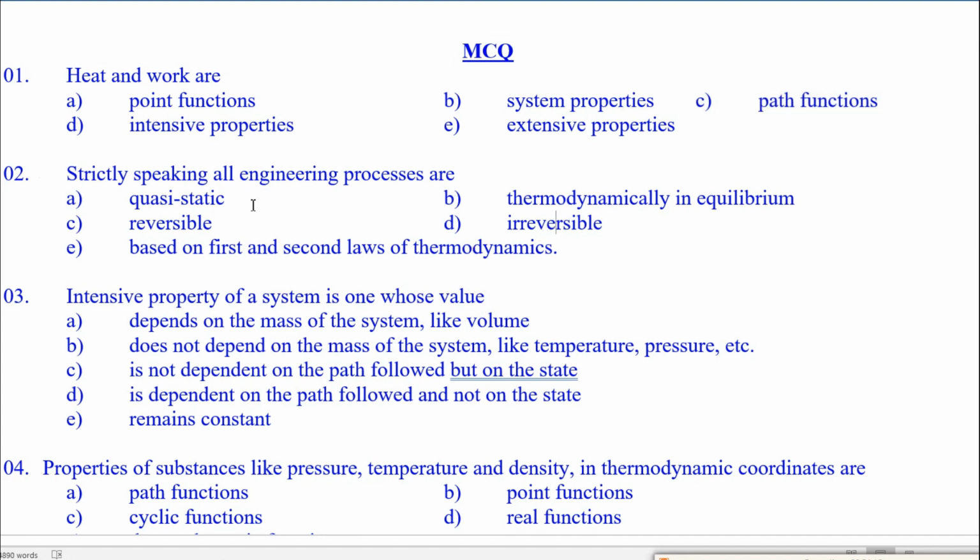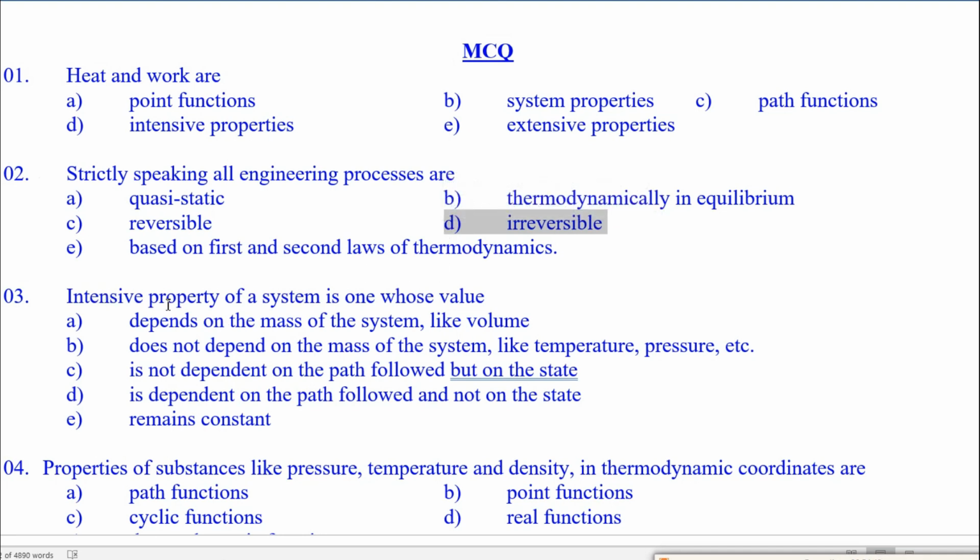Strictly speaking means practically all engineering processes are irreversible. However, for theoretical purpose, for easy calculation of the problems, we will consider fully reversible, but practically those are not reversible. So here the answer will be D, irreversible.